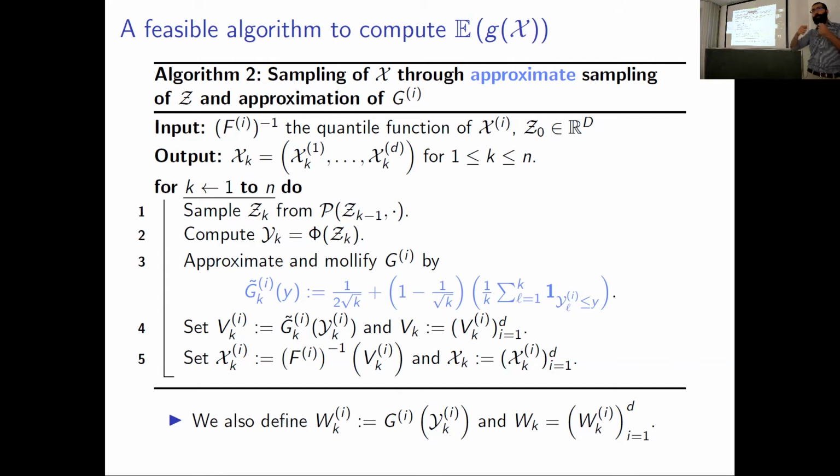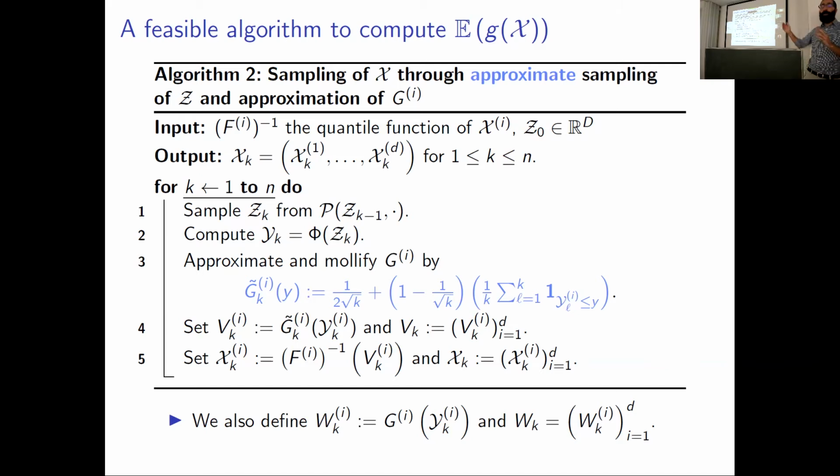So I'm taking a time average to compute this empirical distribution in Y. Once again, I sample from Z, I transform Z to Y. The Markov chain is running in Z, and it gives us a Markov chain in Y. With this Markov chain, I construct an empirical approximation for the c.d.f. of Y. This approximation will get better and better if my Markov chain is convergent.